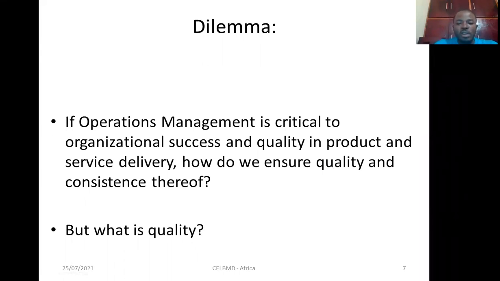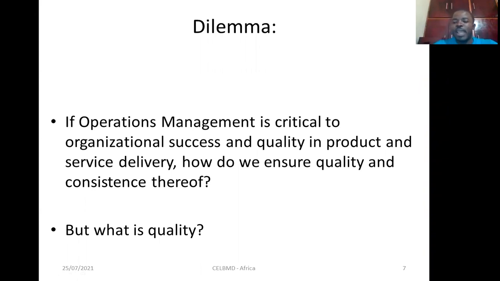it means that for the customers to continue to patronize that organization, there must be an assurance, a maintenance of quality in product and service delivery, and it must be consistent. The service that the client gets from consuming a product or service from that organization today should not be different from what they would get next week or next month or next year.